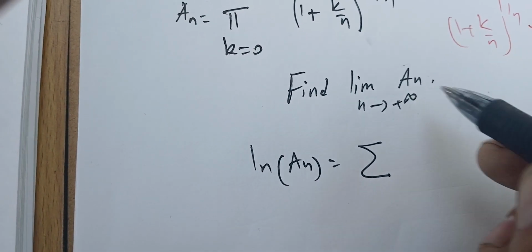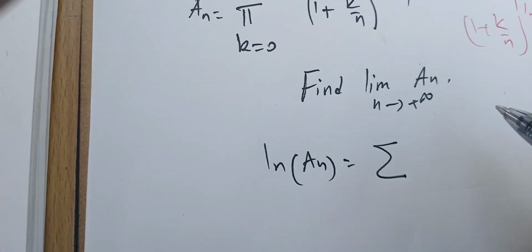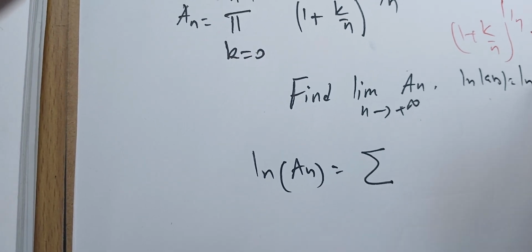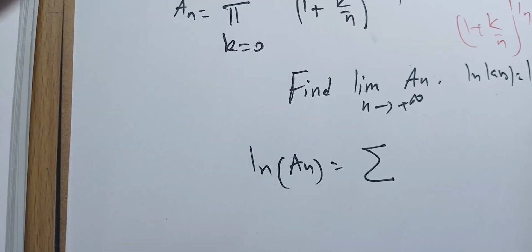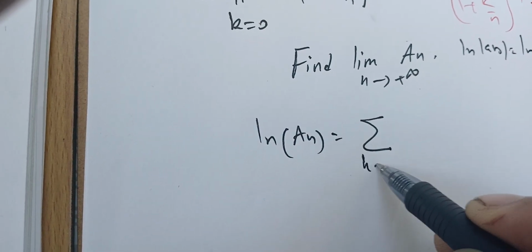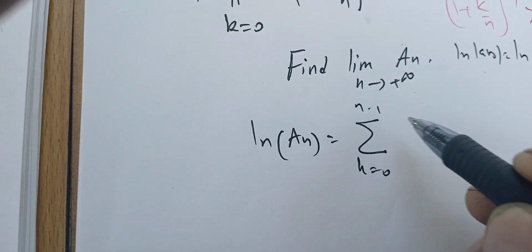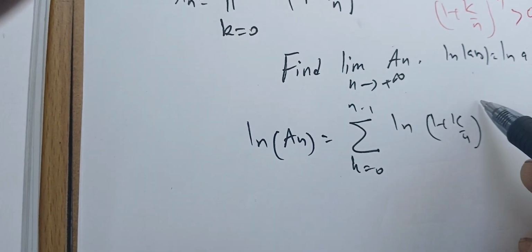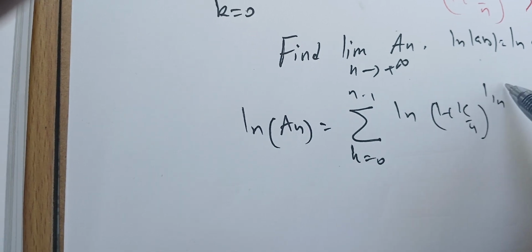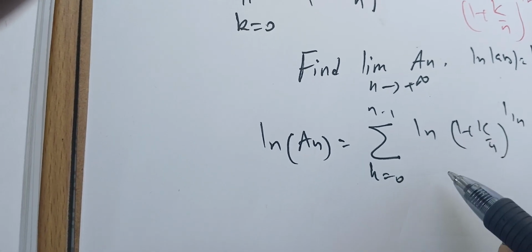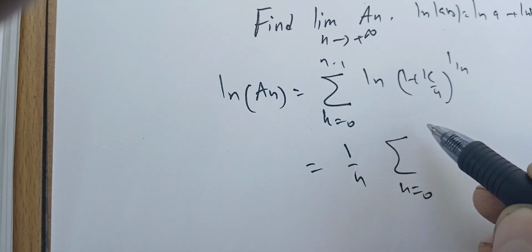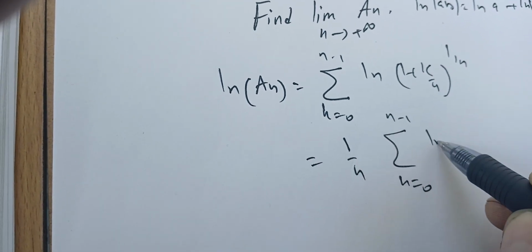We know these terms are positive, therefore we can apply the rule that the natural log of a times b is the natural log of a plus the natural log of b. So we have the sum from 0 to n - 1 of the natural log of (1 + k/n) to the power 1/n. We take the exponent to the front, so it's going to be 1/n times the sum from 0 to n - 1 of the natural log of (1 + k/n).